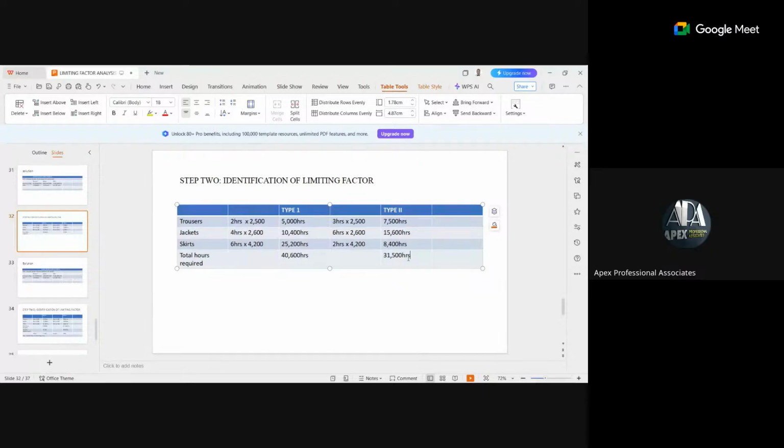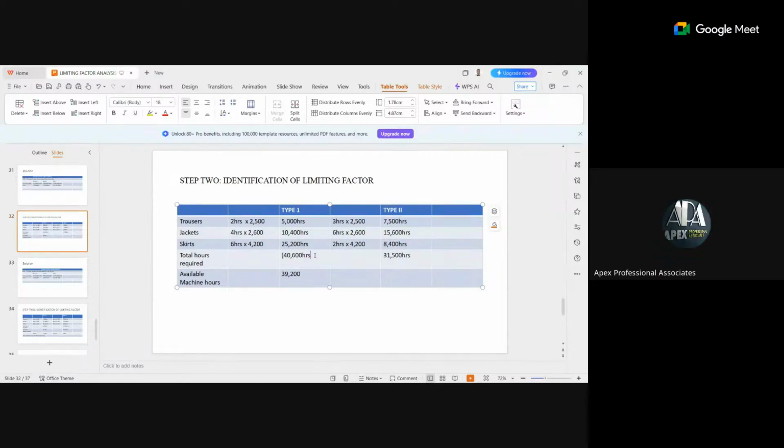Based on the question, how many hours do we have available? 39,200 for type 1. This is the required.